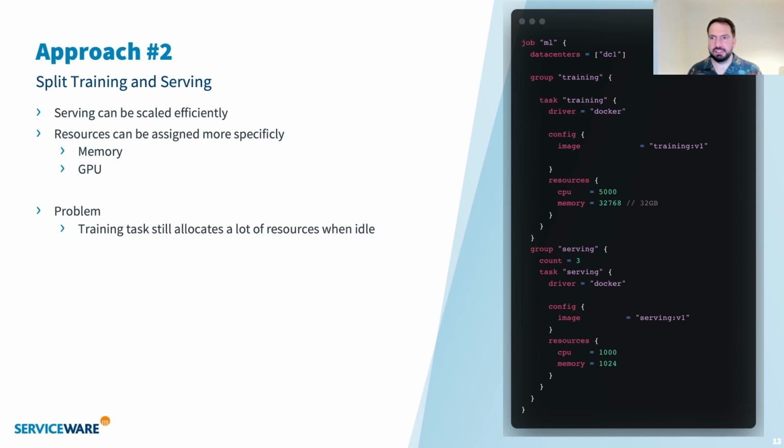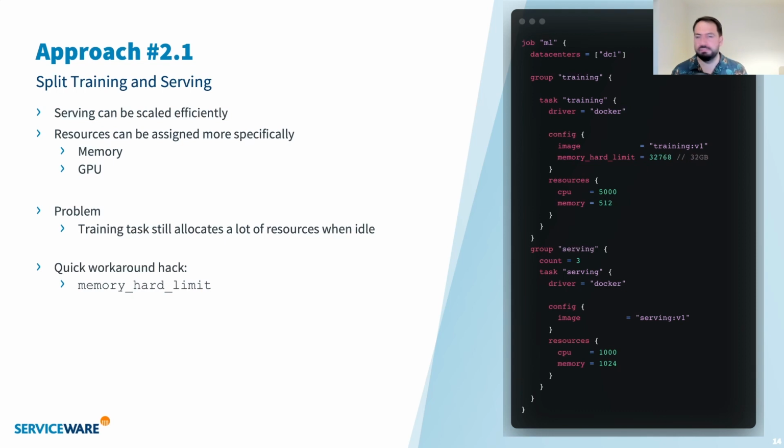There's still a problem that you have some application deployed, which is most of the time idle, but still allocates a lot of resources. So the quick hack we did was to use the memory hard limit of the Docker config. This allows us to reduce the amount of memory in the resources block and tell the orchestrator, hey, that application doesn't need that much memory.